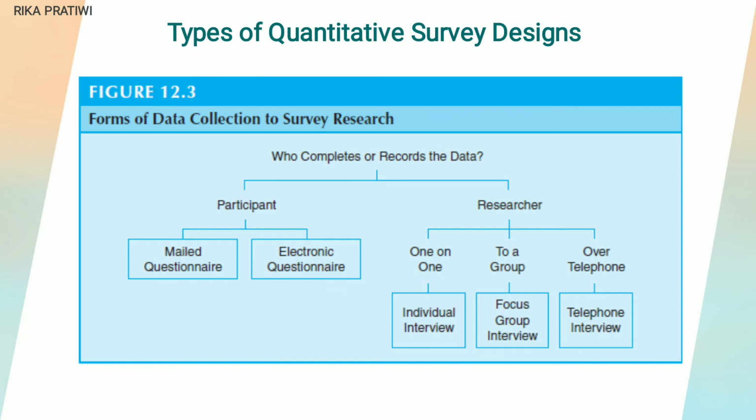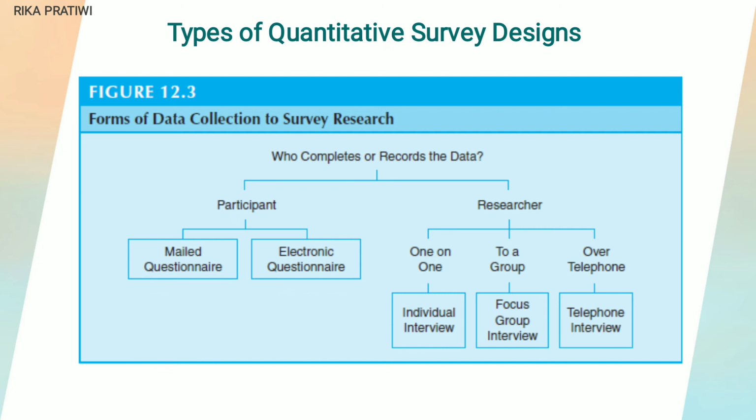Next, the one-on-one interview, where the researcher does an individual-to-individual interview. In one-on-one interview survey research, investigators conduct an interview with an individual in the sample and record responses to close-ended questions.